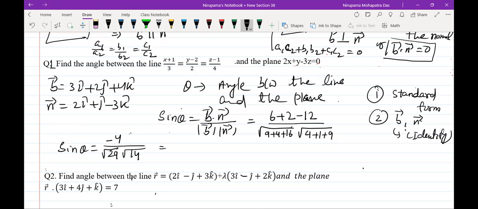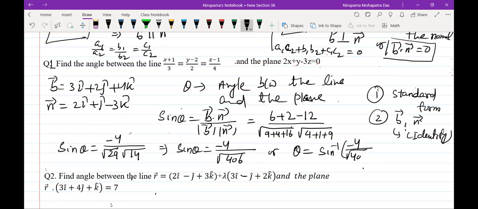So this implies sin theta equals minus 4 by under root 406. Or you can say theta equals sin inverse of minus 4 by under root 406. This is the angle between the line and the plane.